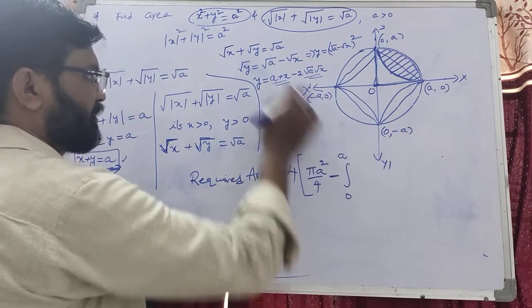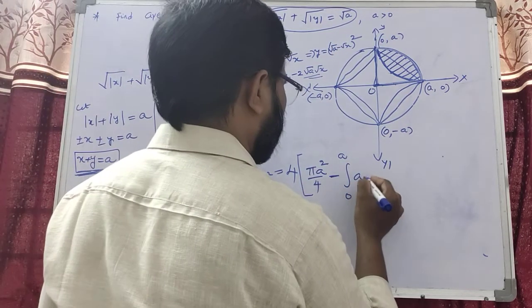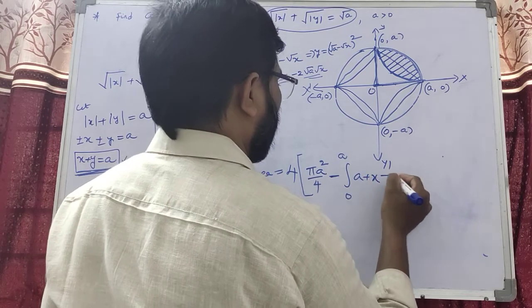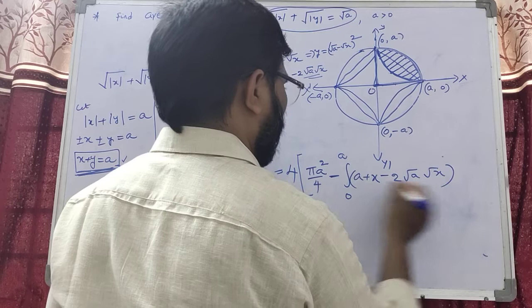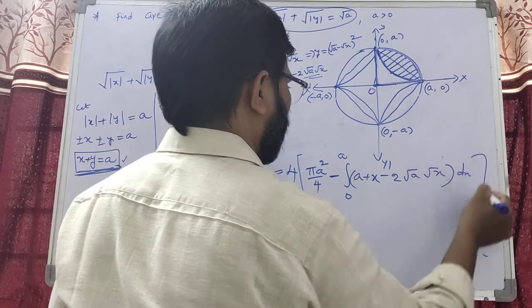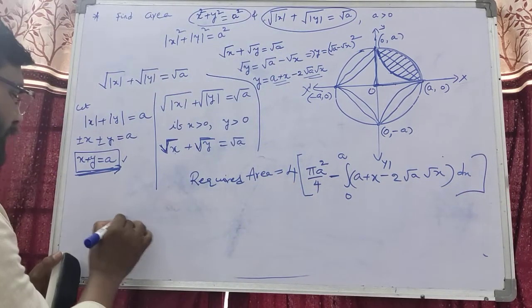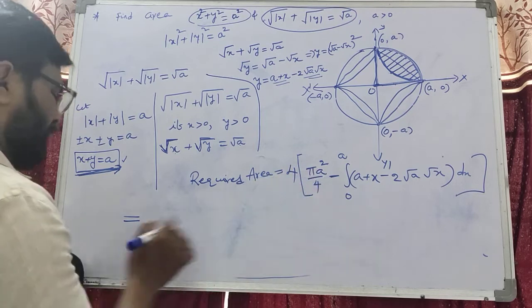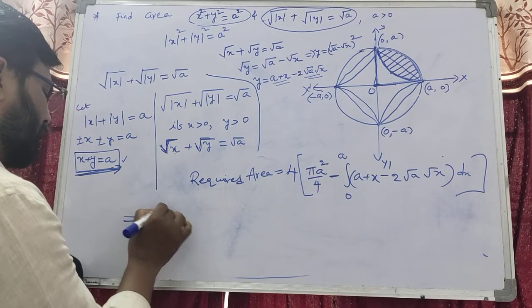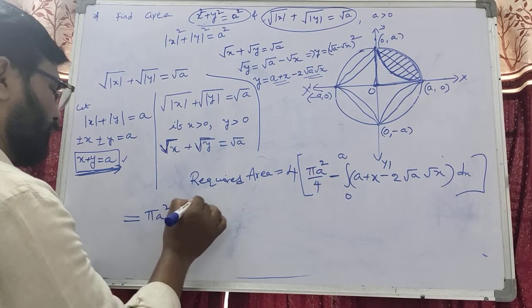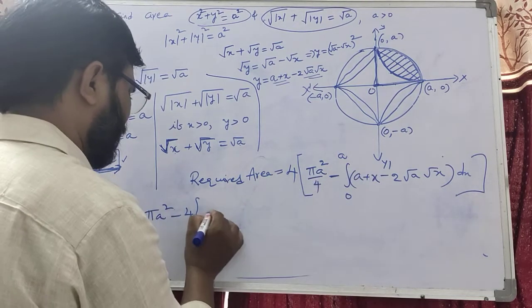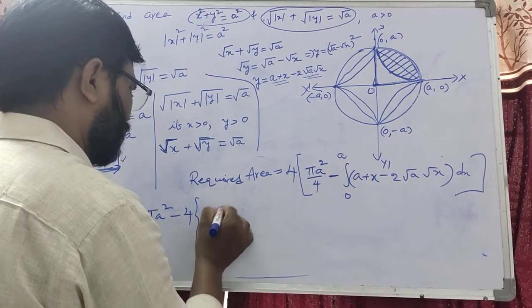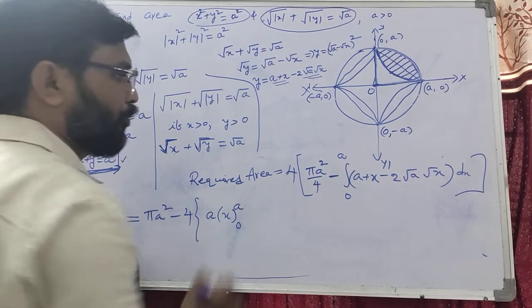This is y dx, that is, a plus x minus 2 root a into root x, whole of dx. Okay, students, now we have to multiply with 4. That is pi a square minus 4 into the integral of a, that is a into x, with limits 0 to a.